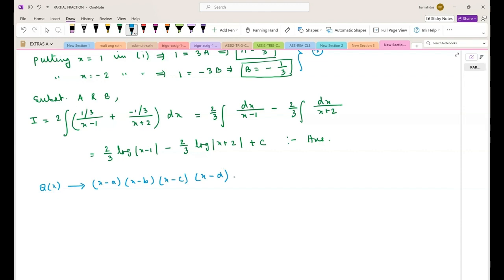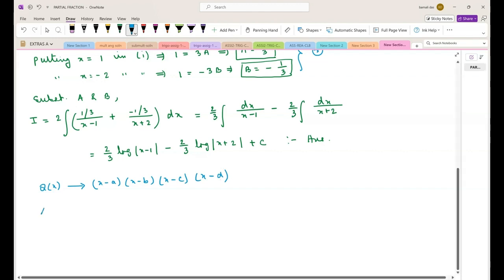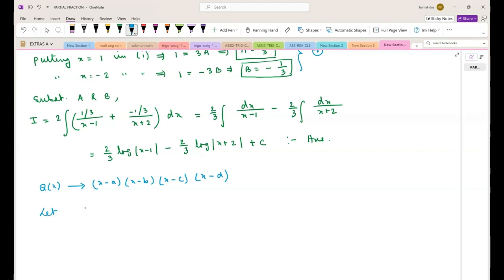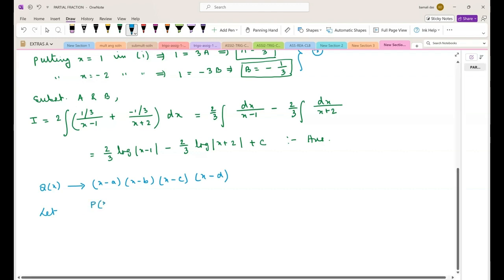So in that case, when you write your integral function excluding the dx, px by qx is actually px by these four factors.